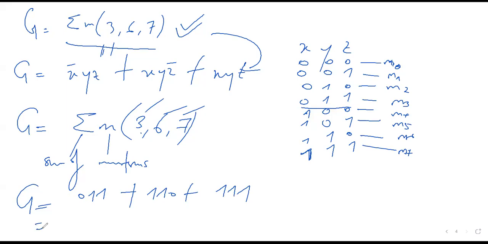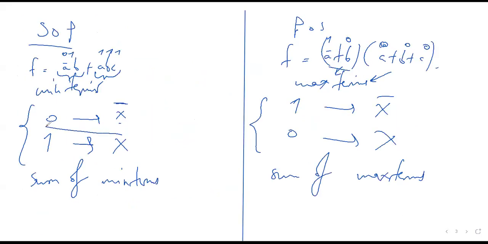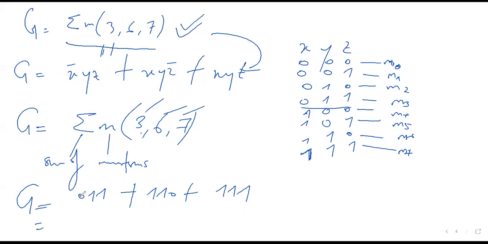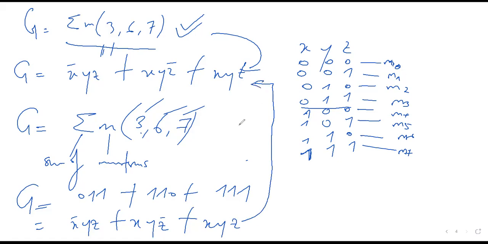Now putting it into a proper expression, when we talk of min terms, what is a 0? A 0 comes in its complemented form. A 1 remains uncomplemented. So each 0 is complemented. With the variables x, y, z, this is x bar y z plus x y z bar plus x y z, which is the same as how we got here.